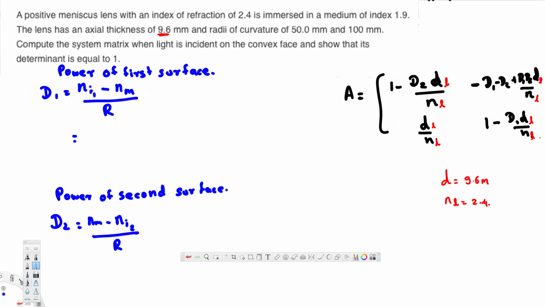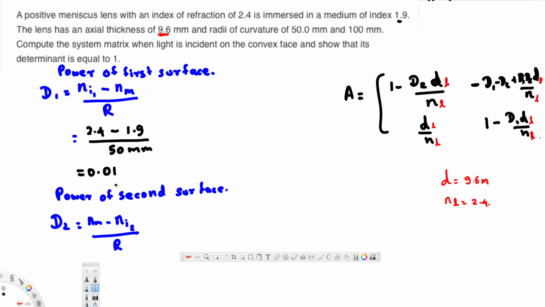Now the index of refraction of the lens is 2.4. Let's plug that in right here, 2.4, and here the medium is 1.9. The index of refraction of the medium is 1.9, and the radius of curvature in the first surface is 50 millimeter, and if you calculate this you should get 0.01.